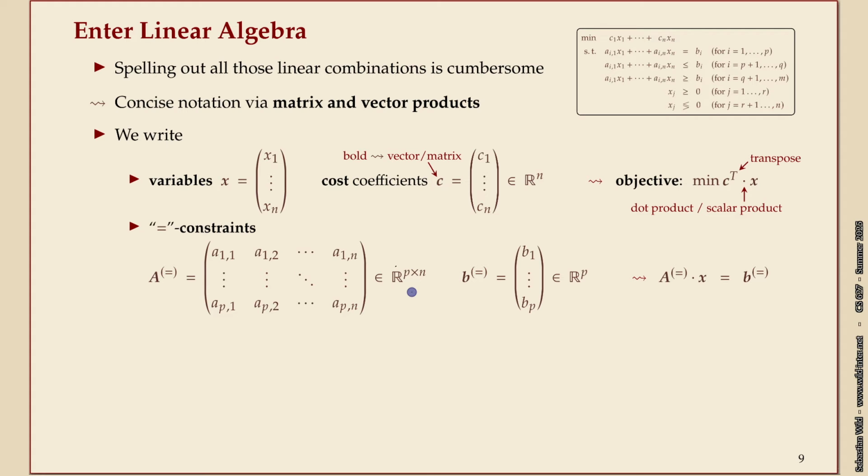I noted down the dimensions of these matrices, so that's the assumption that there's p equality constraints, as up here. For the other two types of constraints, we do the same. Just note that when you write some vector lesser equals some other vector, you have to tell me what the lesser equal really means. But it's standard here to mean element-wise comparisons.